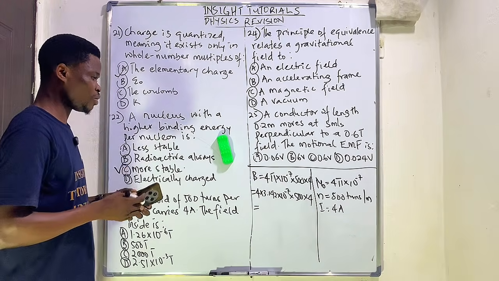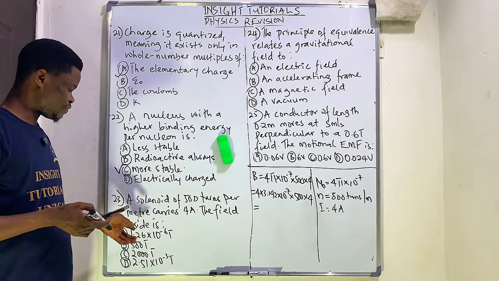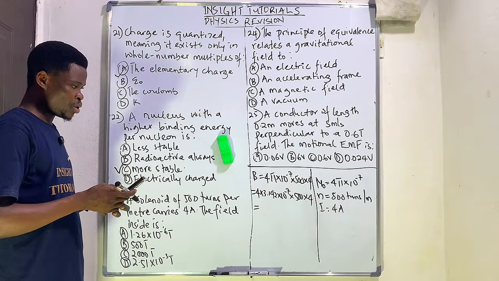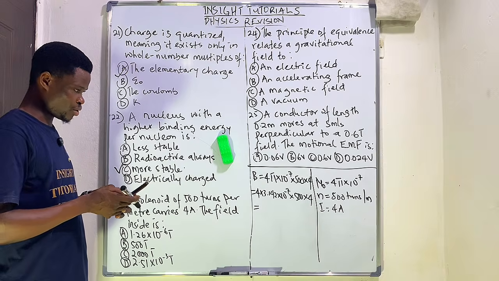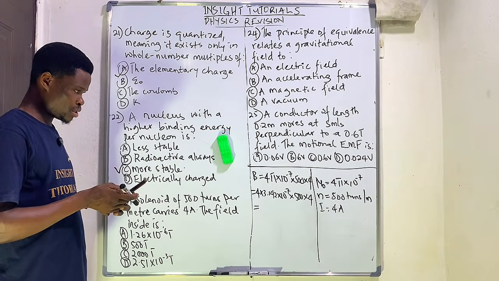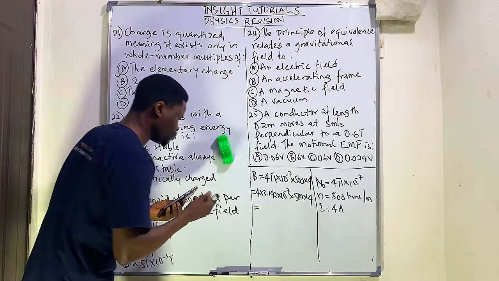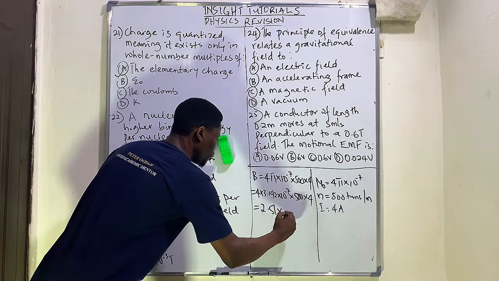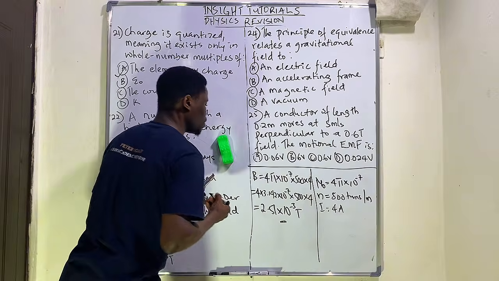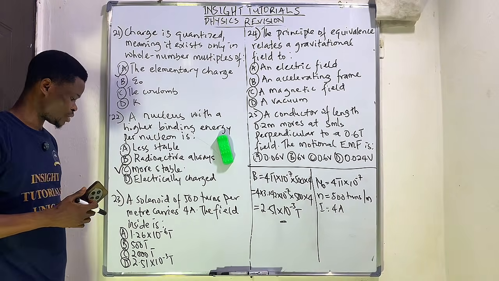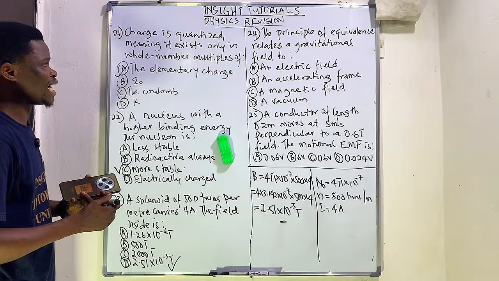If we multiply all of that together, we should have one particular value of the magnetic field inside this solenoid. It happens that our answer is 2.51 times 10 raised to the power of minus 3 Tesla. That is the magnetic field in this solenoid. And it happens that the correct answer is option D. Option D is the correct answer for this.